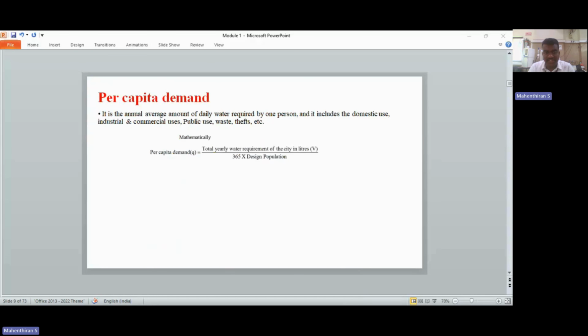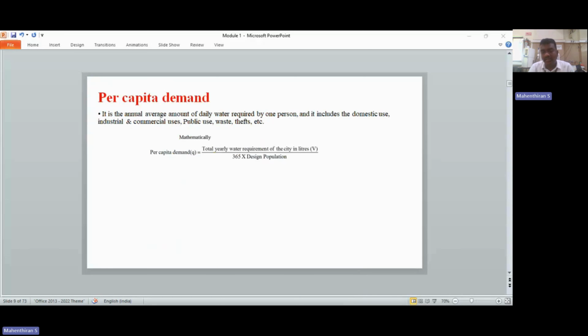Let me explain each term clearly. That is Q, per capita demand. This is the water required per person per day, usually expressed in liters per capita per day, where V is the total yearly water requirement.